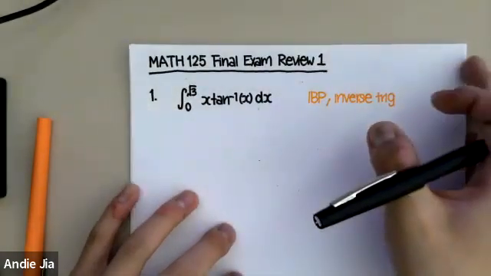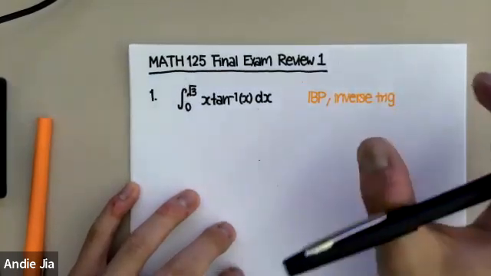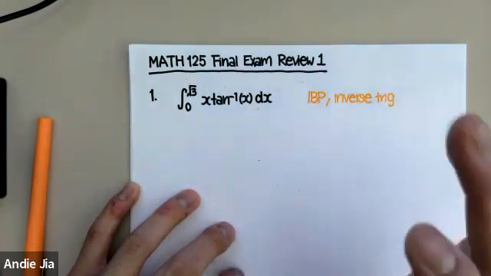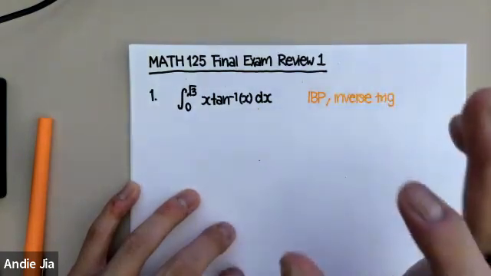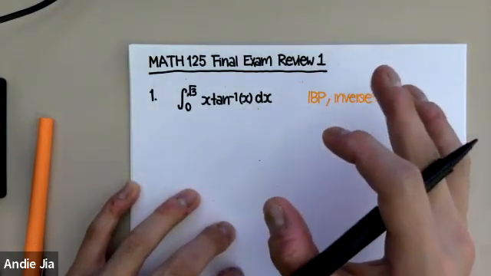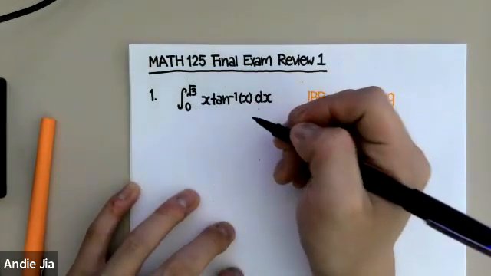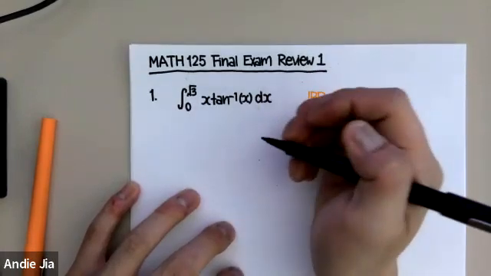When doing IBP, we need to choose u, du, dv, and v. Choose u as something you can find the derivative of immediately. You know the derivative of inverse tangent is 1 over x squared plus 1.